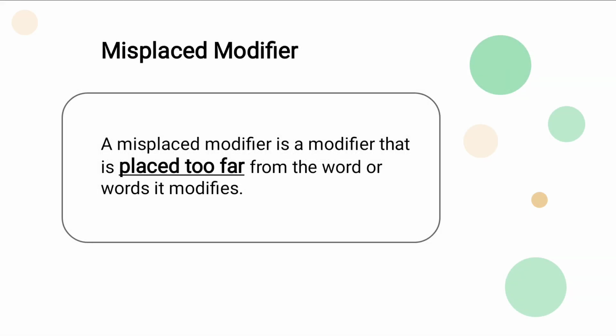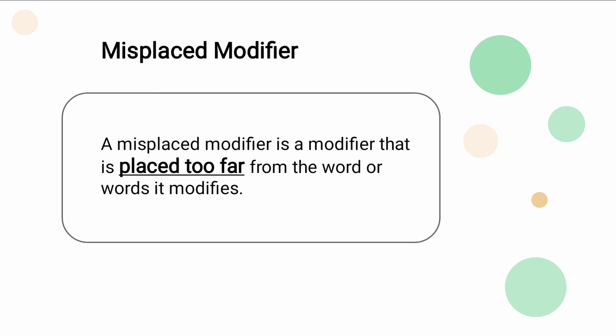Okay, after knowing the modifiers, now we are ready to learn misplaced modifiers. We need to identify if a misplaced modifier is there in a sentence. Misplaced means wrong place, not in a proper place. So where should a modifier be in a sentence? As you know, modifiers should be right next to the word they want to modify.